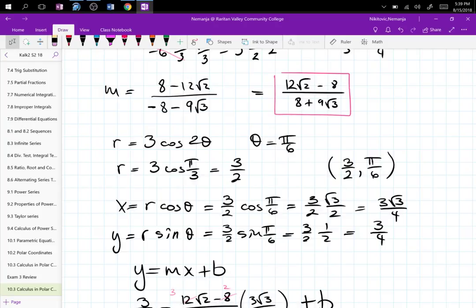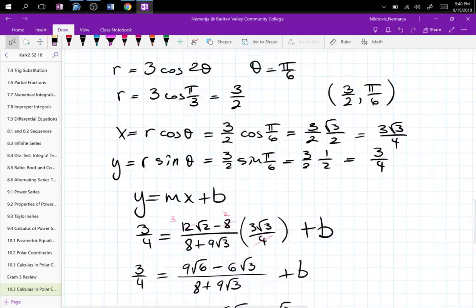Because before you were given an x and a y, so you just plug that into y equals mx plus b and you find your b. You don't have x and y now. So we have to go through the extra hoop over here to figure out x and y. And then you have your y, you have your m, you have your x, right? And then you can calculate b.